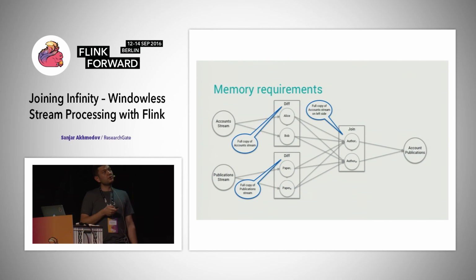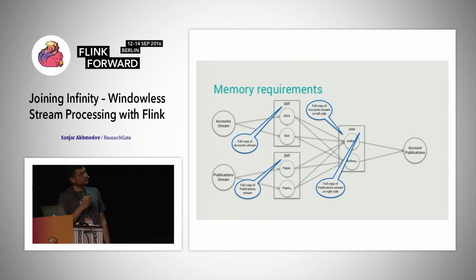Also, when we join, on the left side we have, again, an account stream copy, and on the right side we have the publication stream copy. This is a pretty huge amount of memory required.